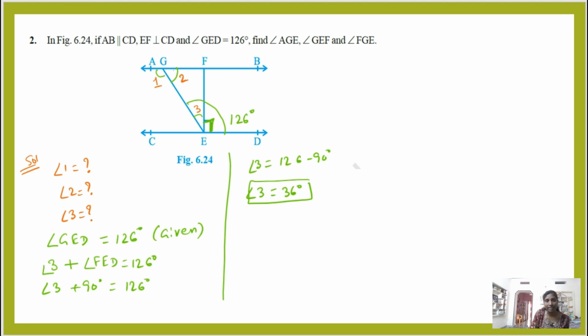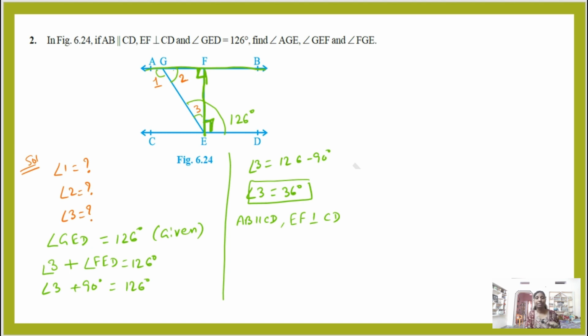Now the next step. Here it is given that AB is parallel to CD and EF is perpendicular to CD. So EF will also be perpendicular to AB. Yes or no? Automatically, this angle will become 90 degrees.